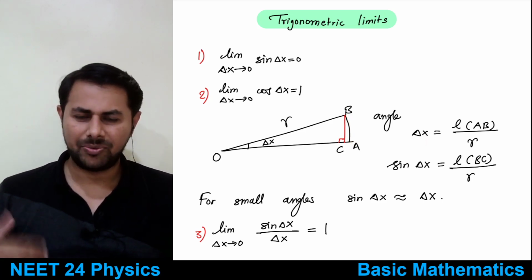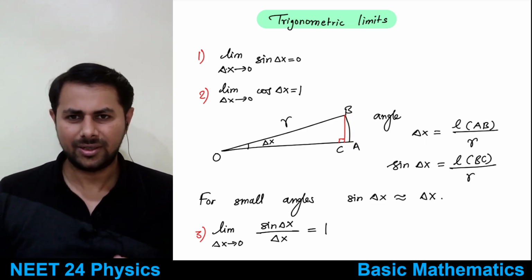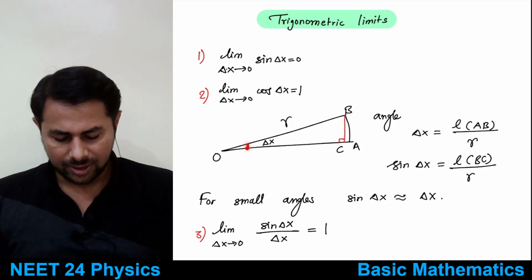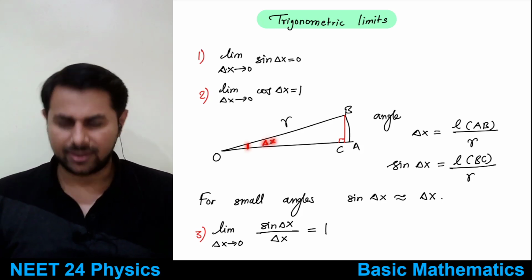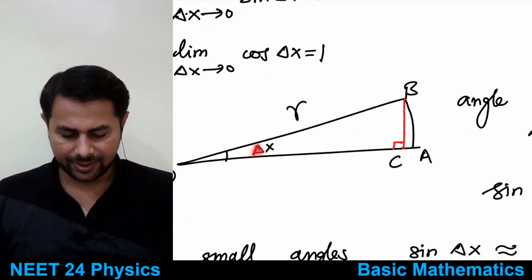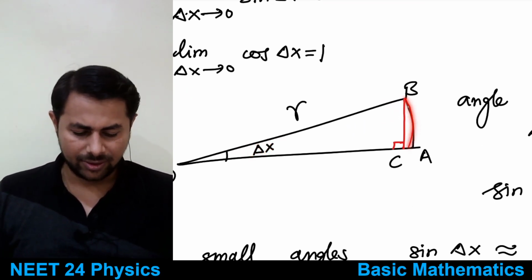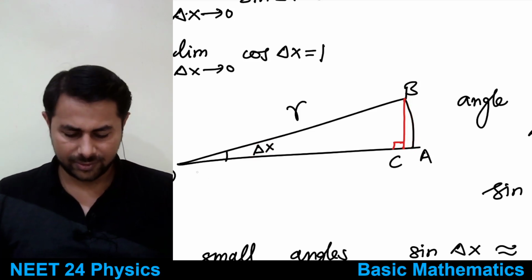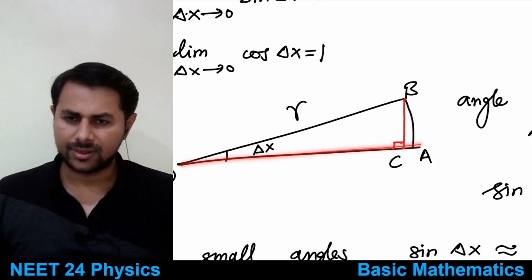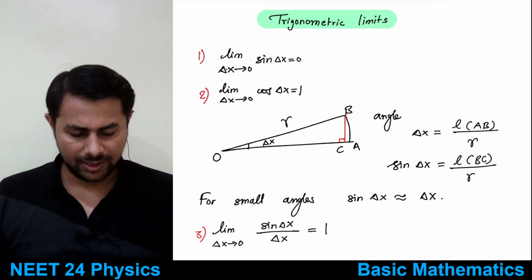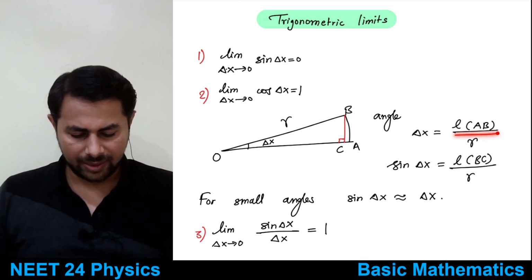If we find the angle that way, its unit is radian. So suppose delta x is your angle. How will you find it? It is the length of this arc AB divided by the radius, suppose r.